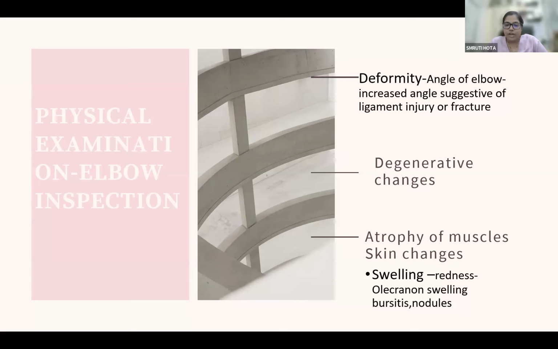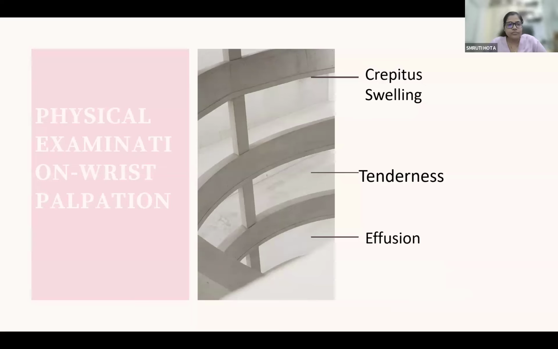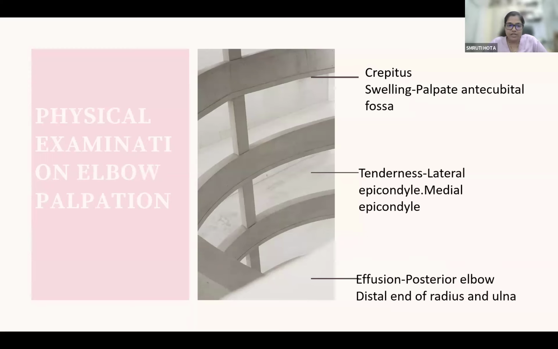in some inflammatory arthropathies. Then on palpation of the wrist, you can see crepitus, swelling, and joint effusion. Then tenderness, effusion, you can see in any inflammatory arthropathies, or sometimes in degenerative arthropathies also.